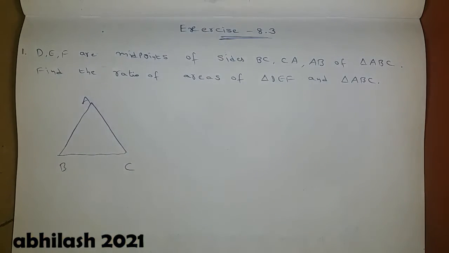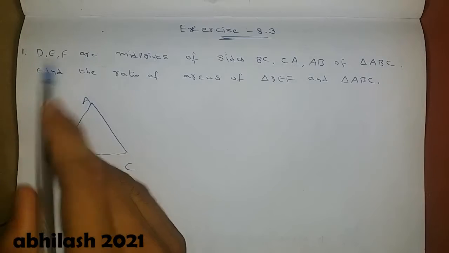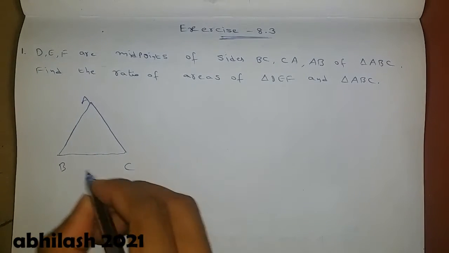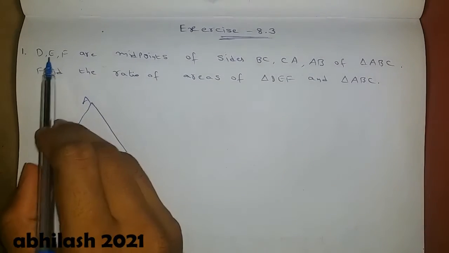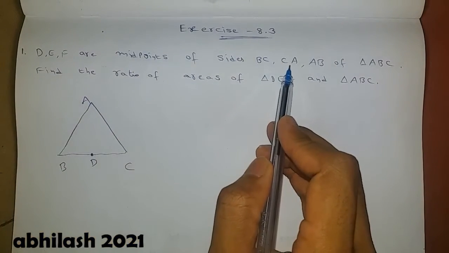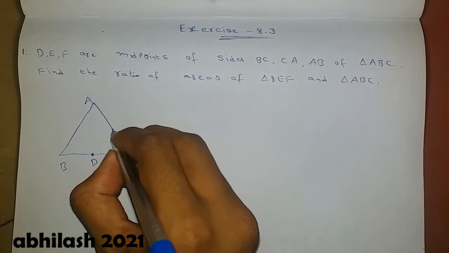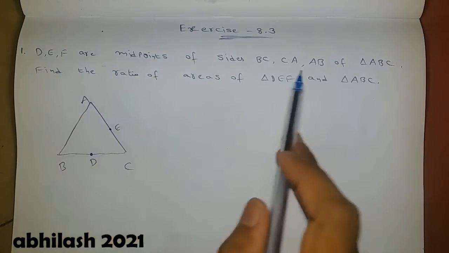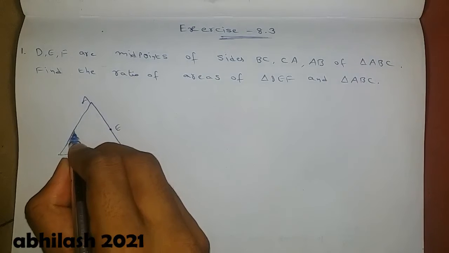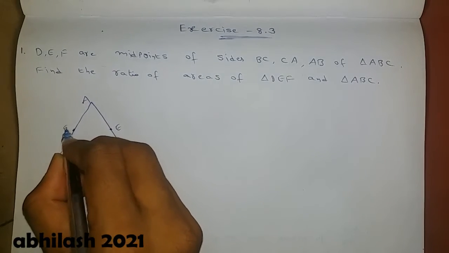D is the midpoint of BC. E is the midpoint of CA or AC. And F is the midpoint of AB.